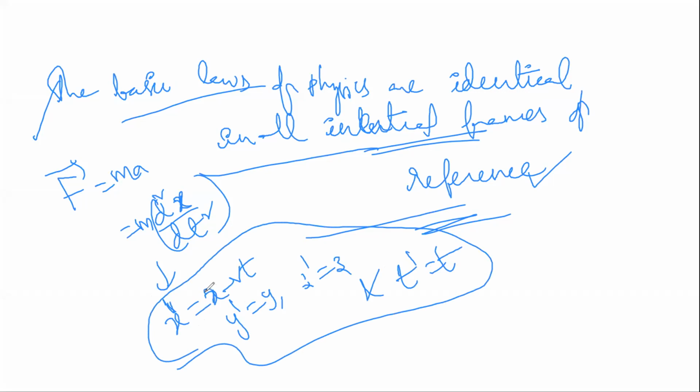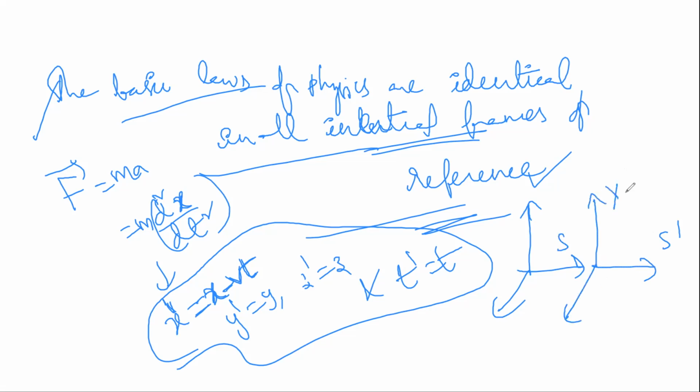From one frame of reference to another frame of reference, this gives the transformation of the position coordinates. X dash, y dash, z dash, and t dash are from S dash, while x, y, z, and t are from the S frame. S dash is moving with a velocity v in the x direction, parallel to x.